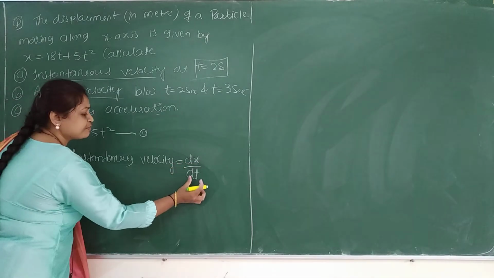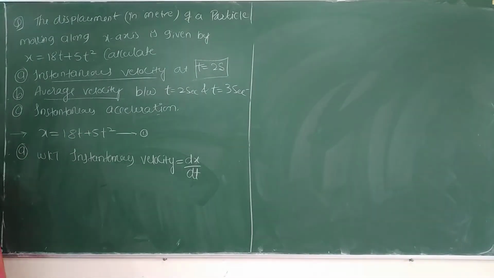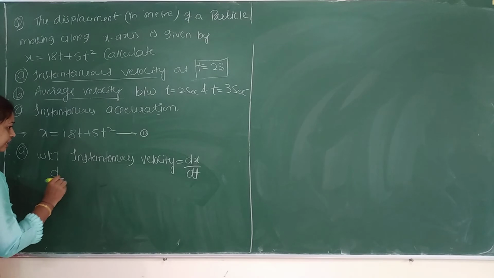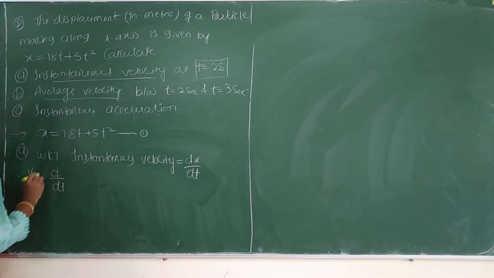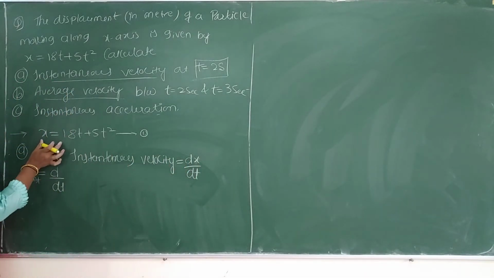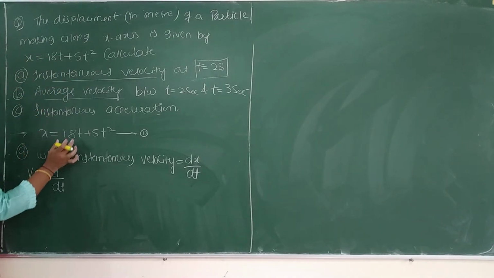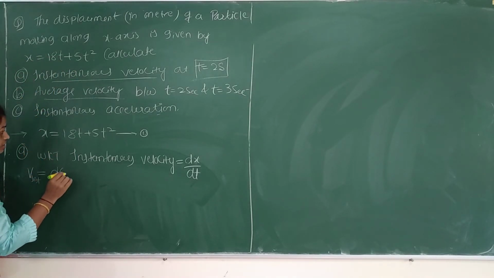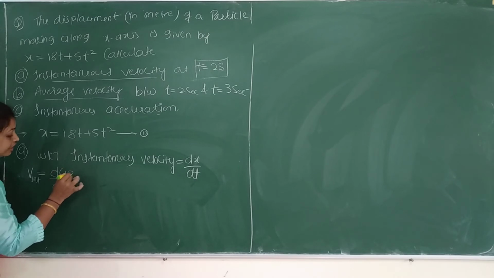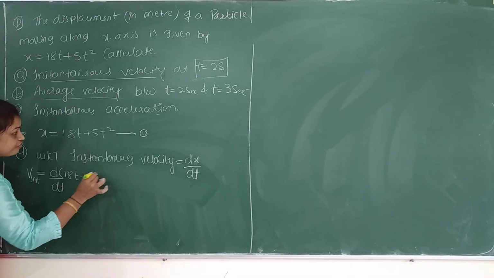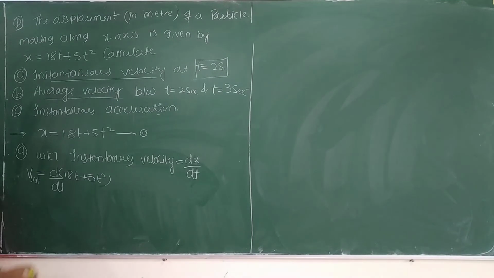So a small displacement in a small time interval. Then d by dt, this is what? Velocity, instantaneous velocity, d by dt of x. The x value is given here from equation 1. They mentioned it in the question. Just take this x value and substitute here. Just replace x by 18t plus 5t square. Right. Now differentiate. Already you know how to differentiate.